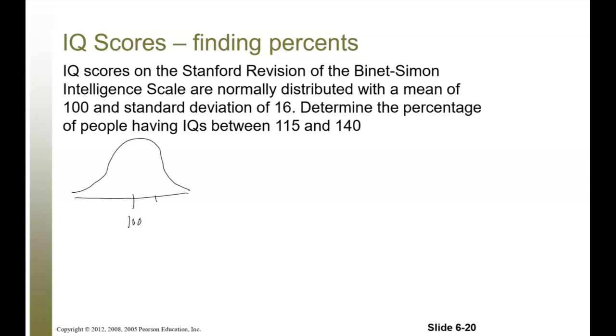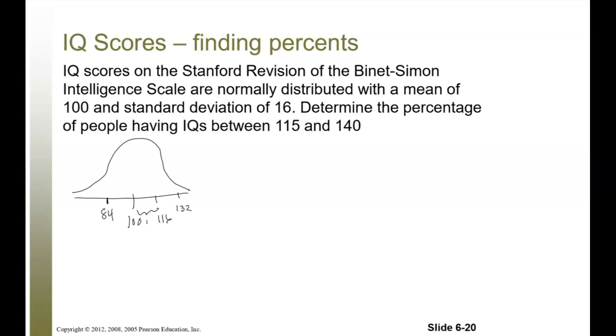Well, if I were to go 1 standard deviation out, I'd be at 116. If I go 1 standard deviation in that direction, I'd have to do 100 minus 16, so that would get me to 84. Okay. 2 standard deviations is adding another 16 to that.